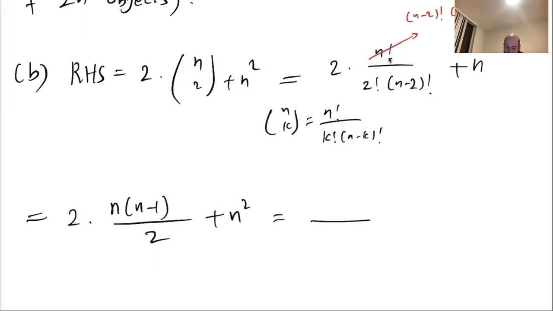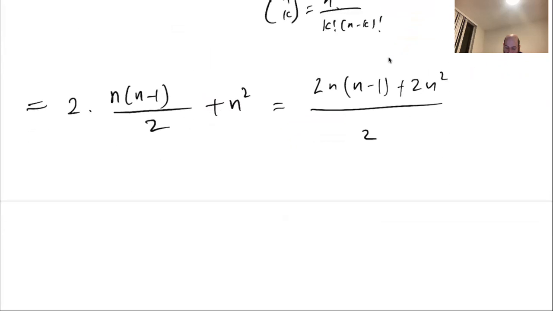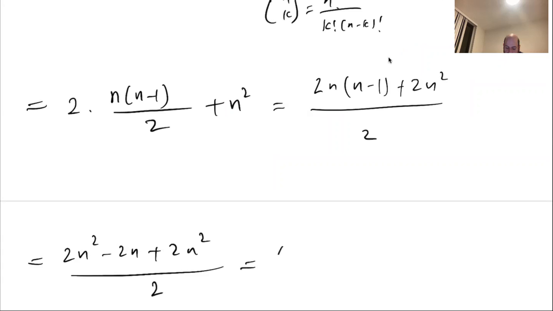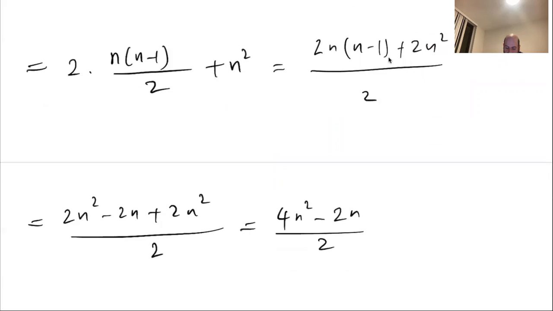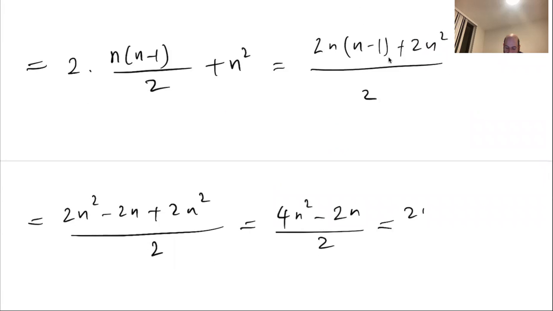So if I take a common denominator, the common denominator is 2: 2n times n minus 1 plus 2n squared. And then this is 2n squared minus 2n plus 2n squared, divided by 2. This is 4n squared minus 2n divided by 2. I can factor 2n times 2n minus 1, divided by 2.